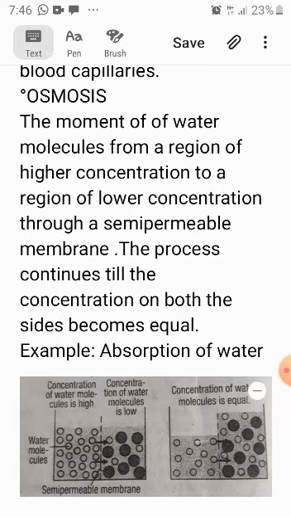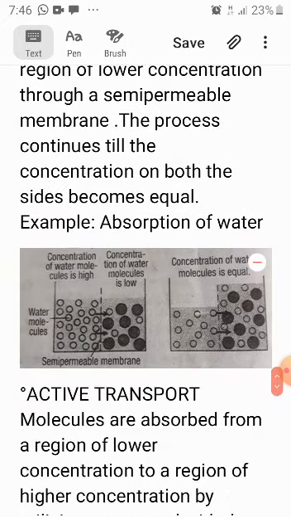This process continues till the concentration on both sides becomes equal, then the process stops. Example is the absorption of water. 90% of water is absorbed in the small intestine. The remaining water and other nutrients are absorbed from the large intestine.